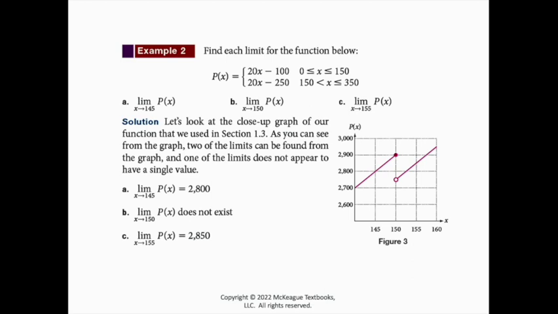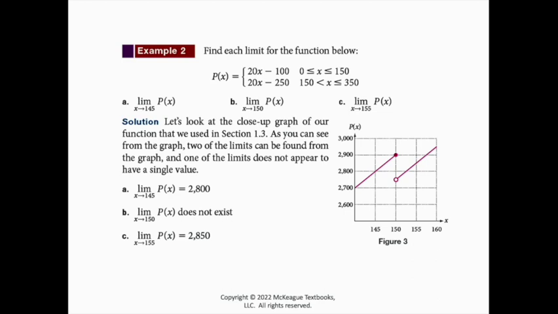When you zoom in really close to the graph near that point of x equals 150, you're going to see that we're going to be unable to find the limit of that function because the limit coming from the left as x approaches 150 is going to be different than the limit coming from the right as x approaches 150.